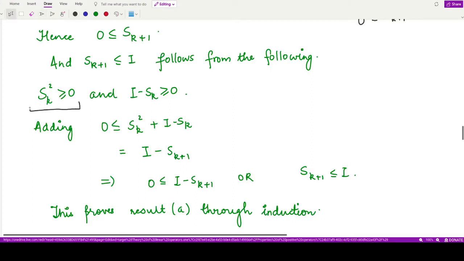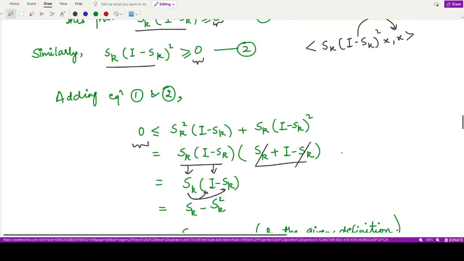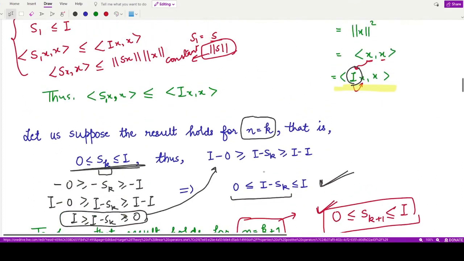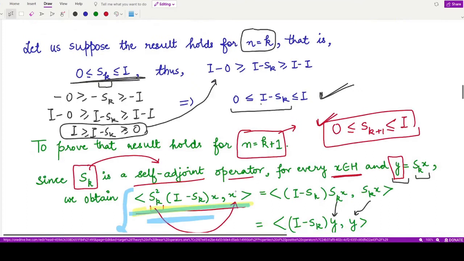When you multiply S_k with S_k, that is obviously a positive operator, being the square of an operator. And moreover, you also know from the part n equal to k that I minus S_k is greater than or equal to the 0 operator, right?